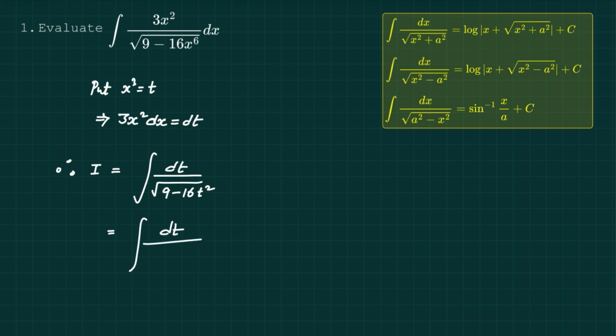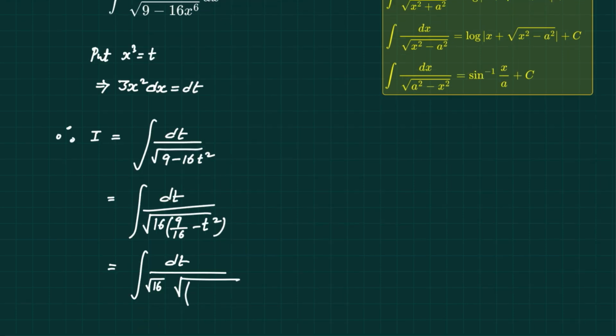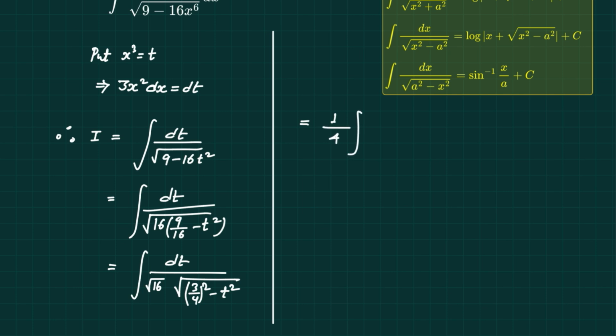So we will have dt over the square root of 16 times 9 over 16 minus t squared, which equals the integral of dt over the square root of 16 separately, then the square root of (3 by 4) whole squared minus t squared, which equals 1 over 4 (the square root of 16, a constant) times dt over the square root of (3 by 4) whole squared minus t squared.